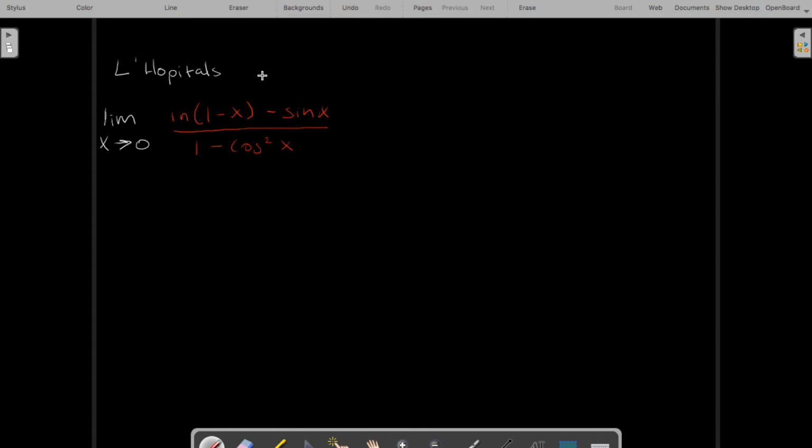You substitute 0 for x. Usually that's what you would do. And what you're going to end up with is natural log of 1 minus 0, which will be natural log of 1, minus sine of 0, all over 1 minus cosine squared of 0.